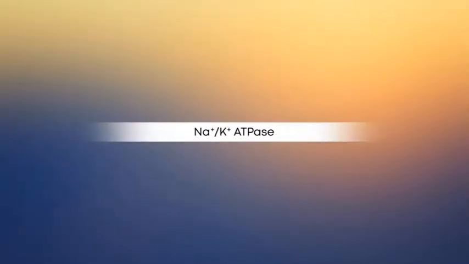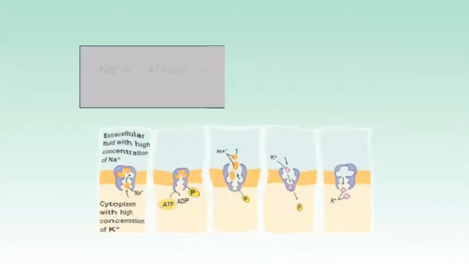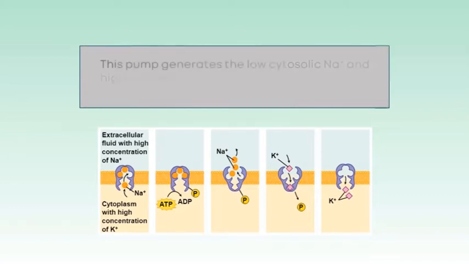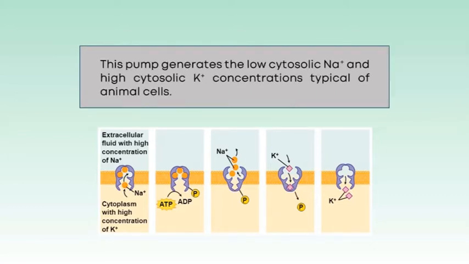The sodium-potassium ATPase. The sodium-potassium ATPase is present in the plasma membranes of all eukaryotic cells. This pump generates the low cytosolic sodium and high cytosolic potassium concentrations typical of animal cells.